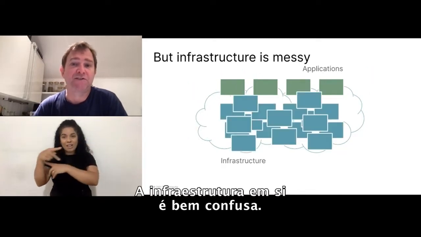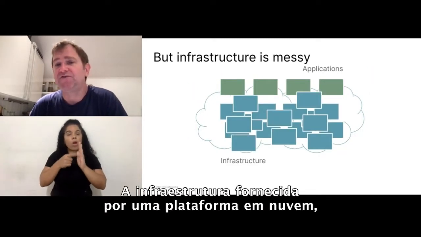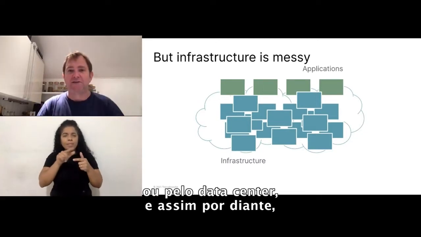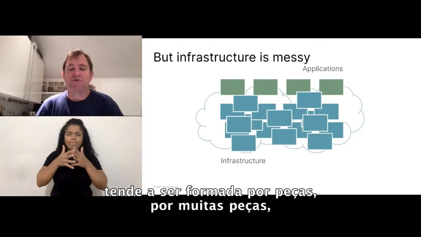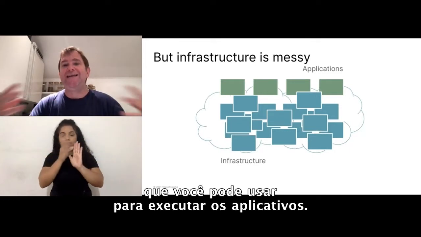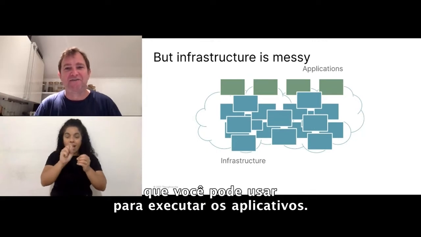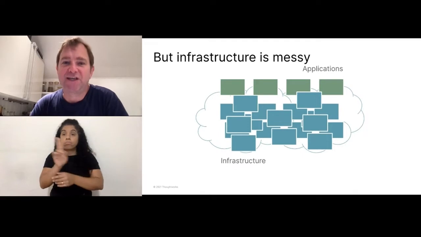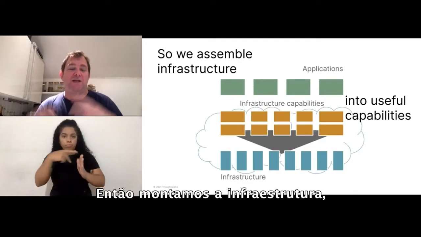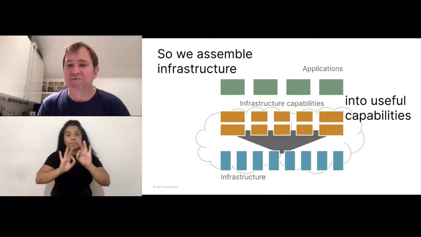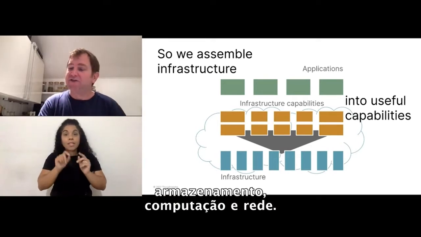The infrastructure itself is quite messy. The infrastructure provided by a cloud platform, or even by the data center and so on, is a lot of pieces that you can use to run applications on, but how you use it is the tricky part. So we assemble infrastructure, those basic infrastructure pieces like storage and compute and networking.